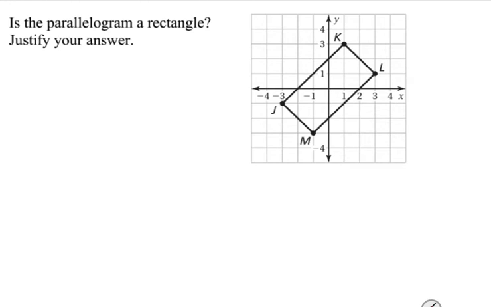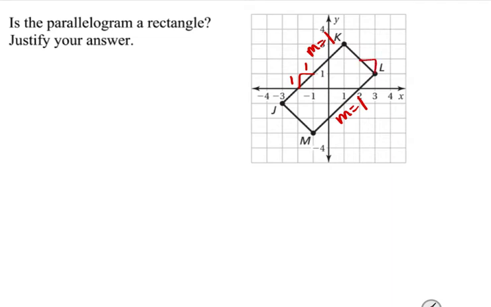Okay, is the parallelogram a rectangle? Justify your answer. If this parallelogram is a rectangle, then the sides will be perpendicular. You have to have 90-degree angles. Well, the slope of each of these sides, this side is up 1 over 1. It has a slope of 1. And this one down here parallel to it also has a slope of 1.